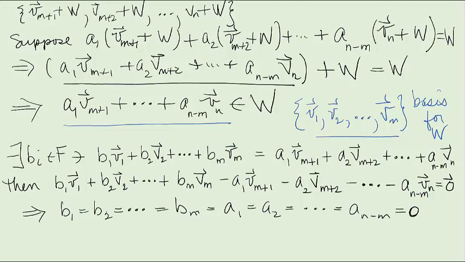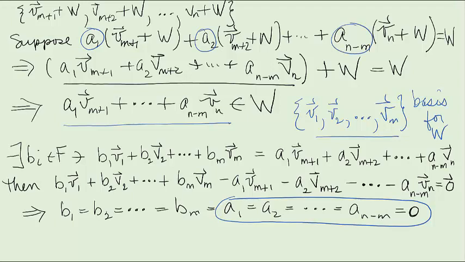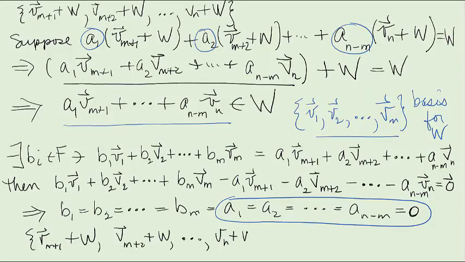In particular, these are equal to 0, which were exactly the coefficients of the cosets that we wanted to show were linearly independent. So we can now say that this set above, v sub m plus 1 plus W, v sub m plus 2 plus W, dot dot dot, up to v sub n plus W, is linearly independent.